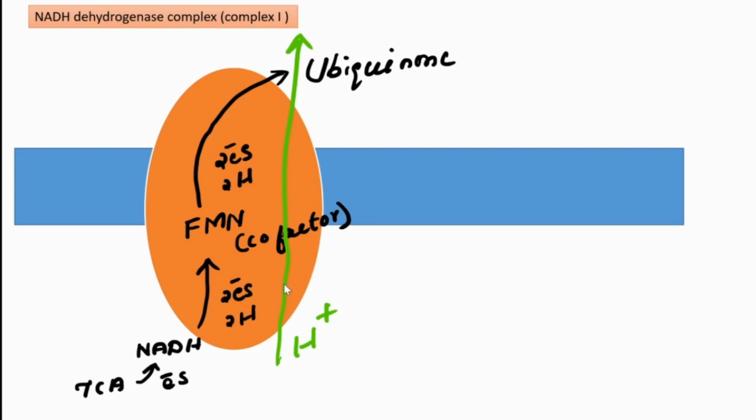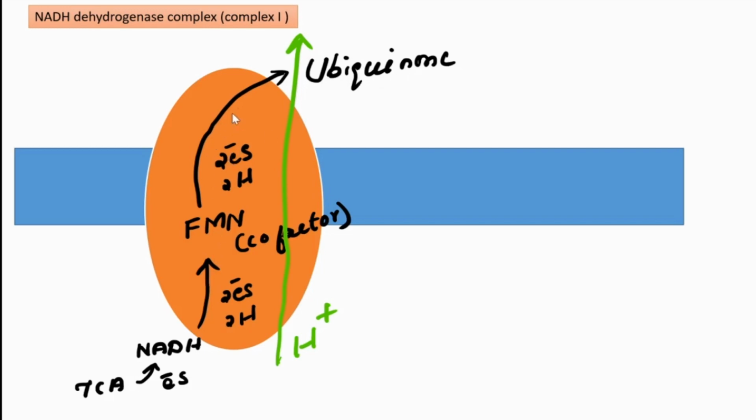Electrons pass to complex 1. If NADH acts as the electron donor, then the electrons pass through complex 1. Two electrons and two protons pass through this complex and transfer the electrons to the ubiquinone molecule.